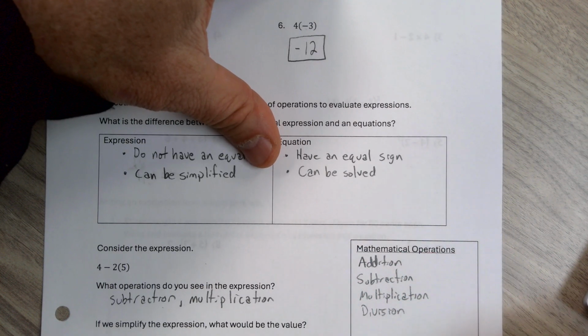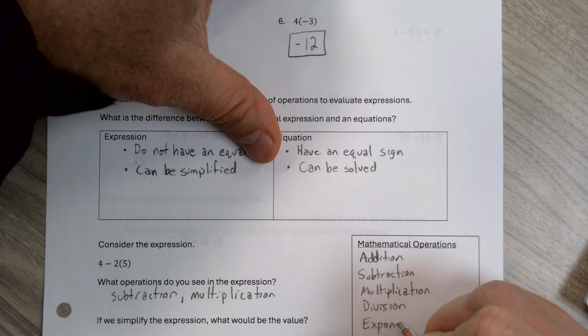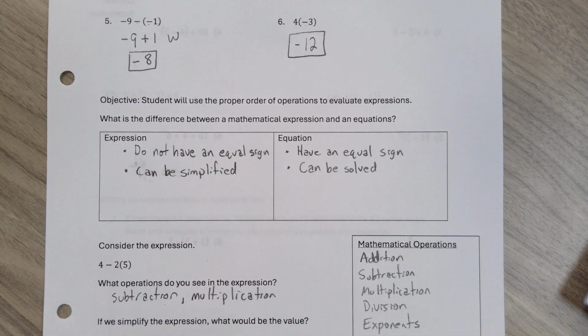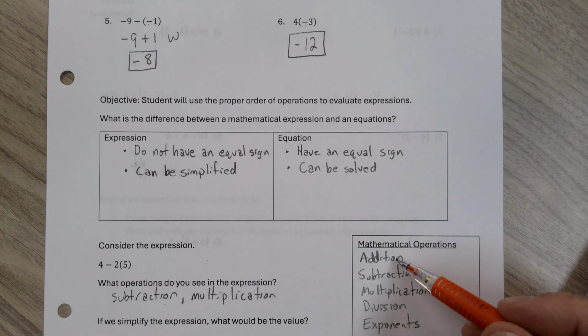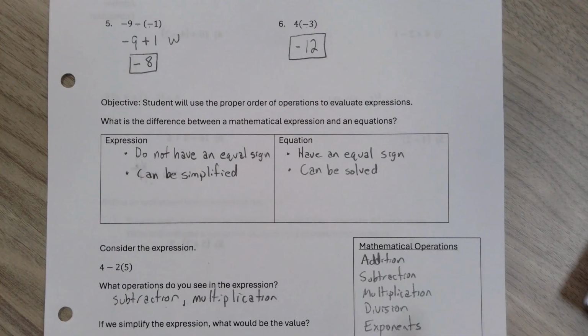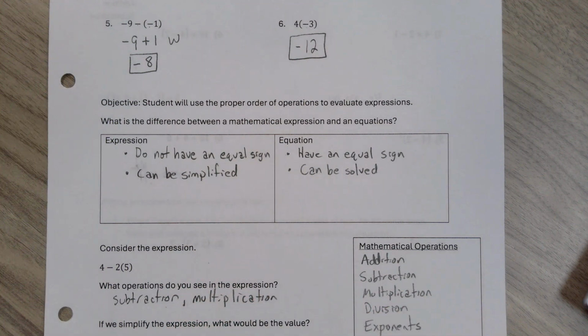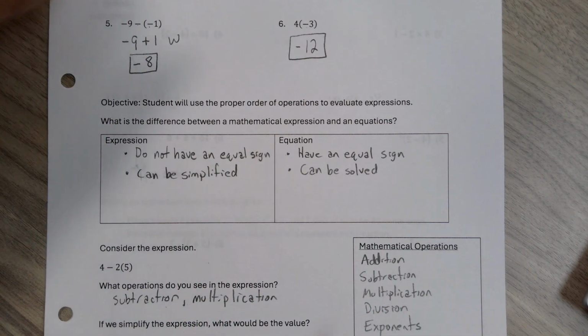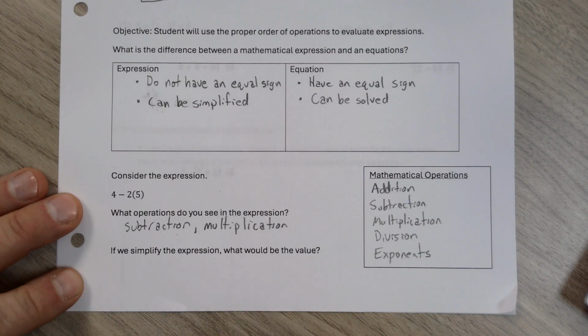And then the other one we talked about in the last lesson was exponents. Exponents is really just repeated multiplication. Multiplication is just repeated addition. There are other operations, but these are the ones that we're going to be dealing with while we're using the order of operations. So if we simplify this expression, what would be the value?